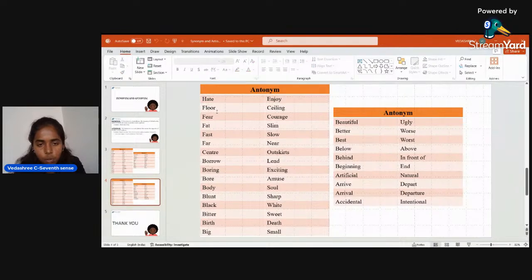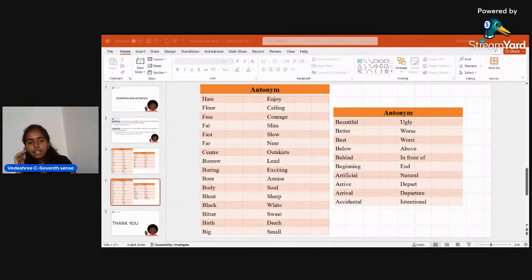Floor, ceiling, fear, courage, fat, slim, fast, slow, far, near. Then center, outskirts, borrow, lend, boring, exciting, bore, amuse. So body, soul. So these are some antonyms. You can take a screenshot. So these are the antonyms.